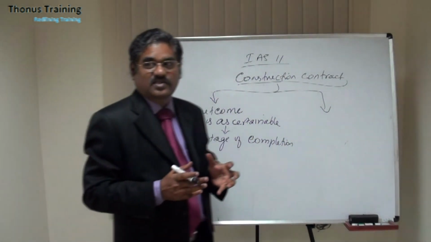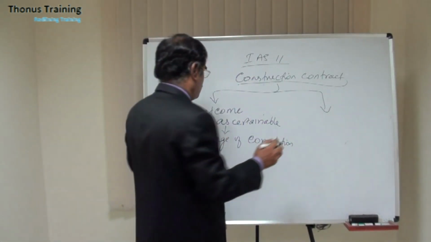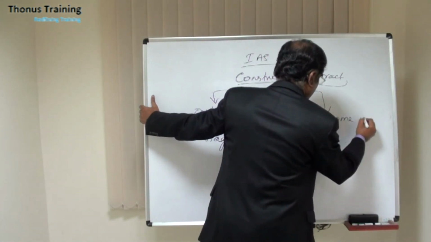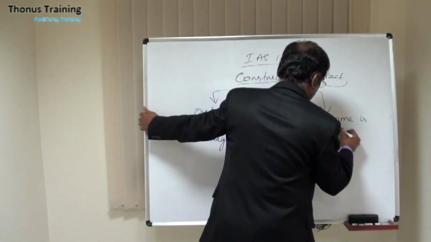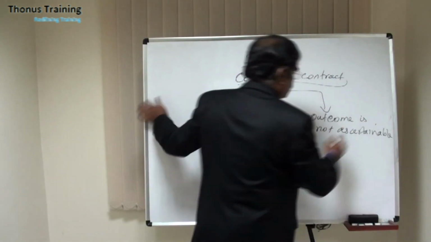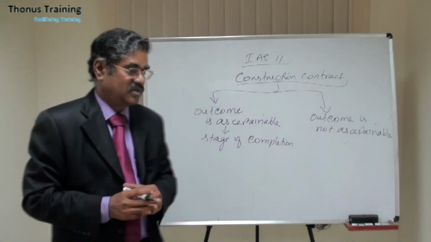When the contract is at the early stage, where you are not able to ascertain the outcome, when the outcome is not ascertainable, you are not allowed to recognize any profit out of it.